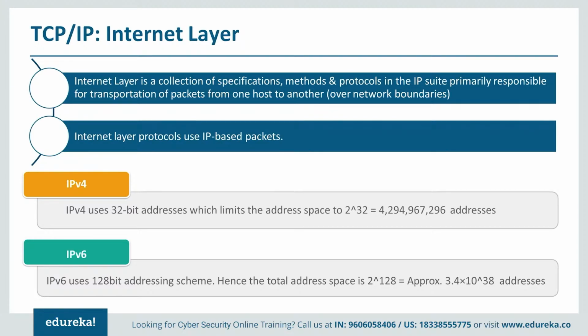Even though the amount is vast, it is not sufficient to assign to all the clients. Likewise, we got the other address type, IPv6, which is 128-bit addressing. So it's approximately 2 power 128, whereas IPv4 is just 2 power 32. IPv6 is too large. We get billions of addresses we can use.